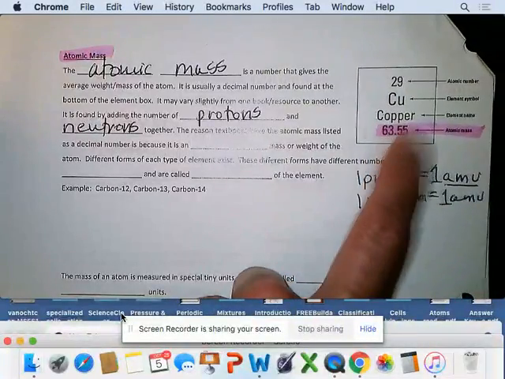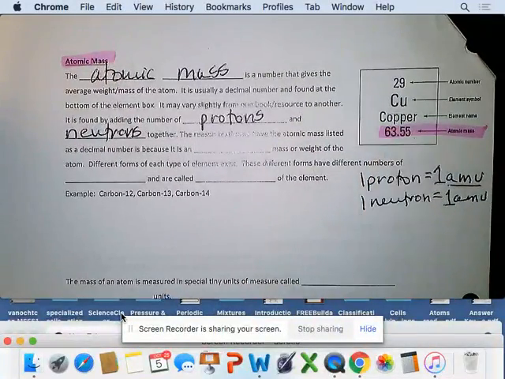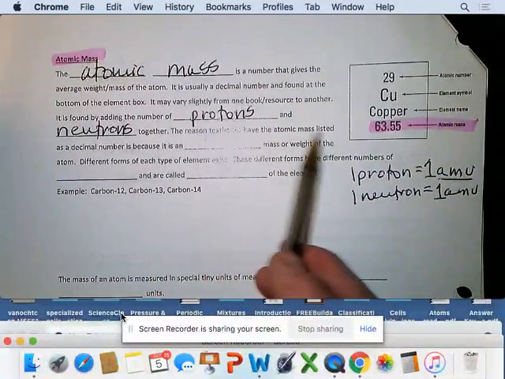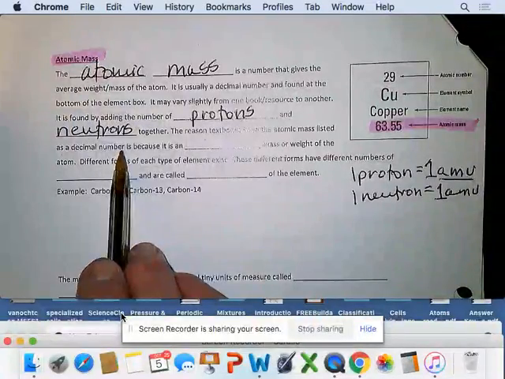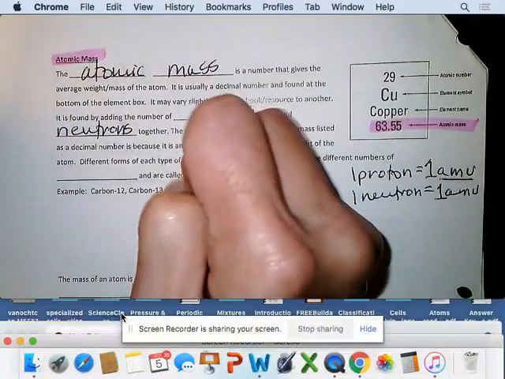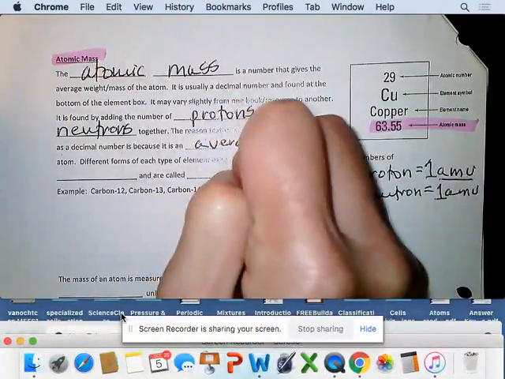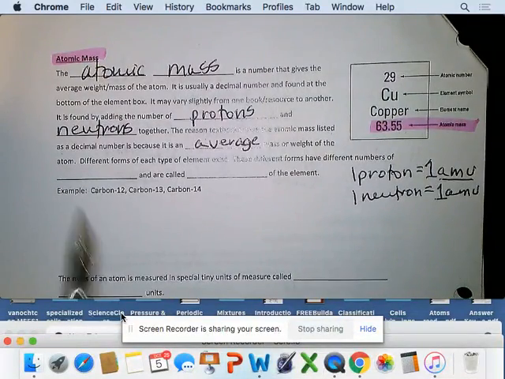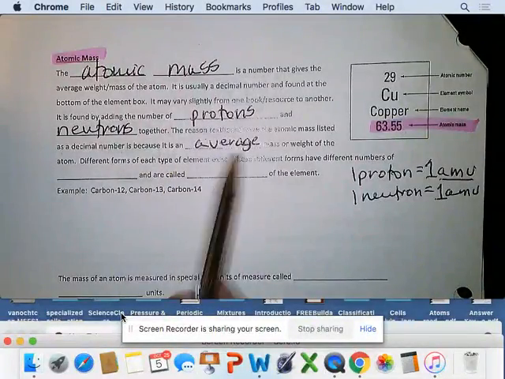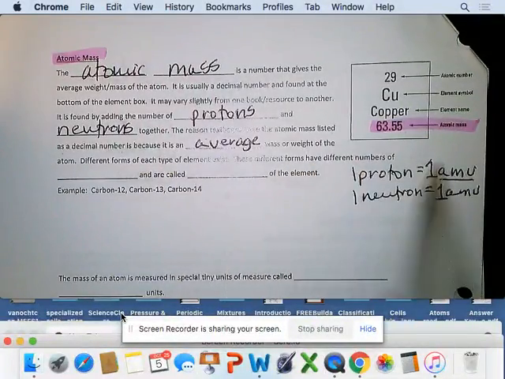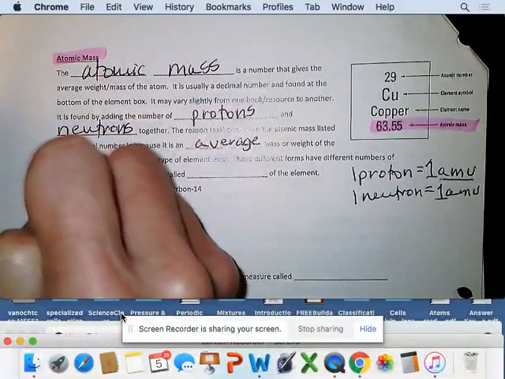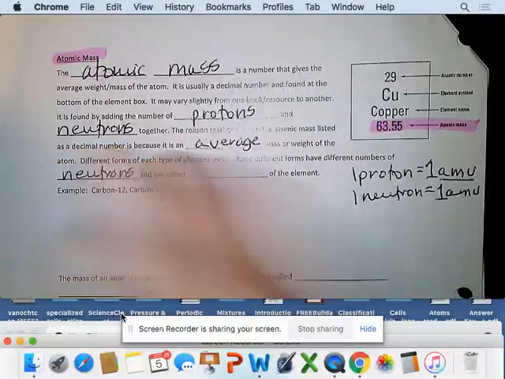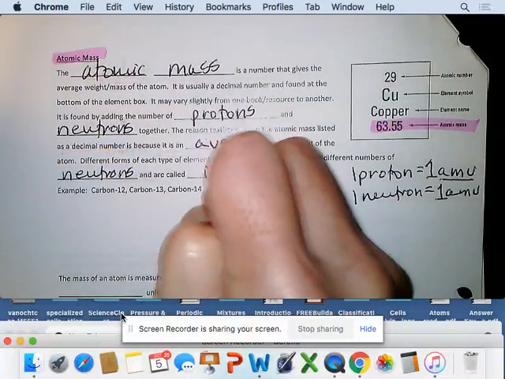So you might be wondering why it's a decimal number, okay? The reason textbooks have the atomic mass listed as a decimal number is because it's an average, and actually it's a weighted average depending on how much of each form of that element is found in nature, okay? Different forms of each type of element exist. These different forms have different numbers of neutrons and are called isotopes of the element.